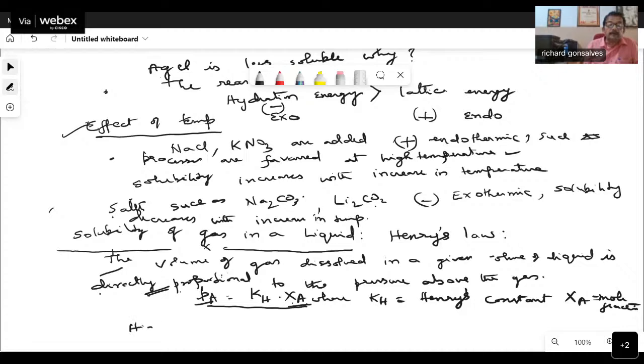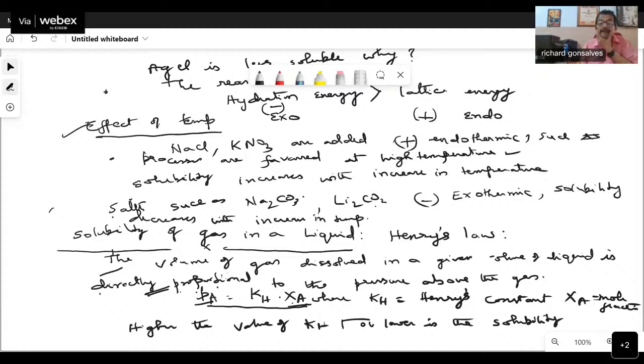Higher the value of KH, lower is the solubility. If KH is more, please notice here, I will show you, XA will be less.